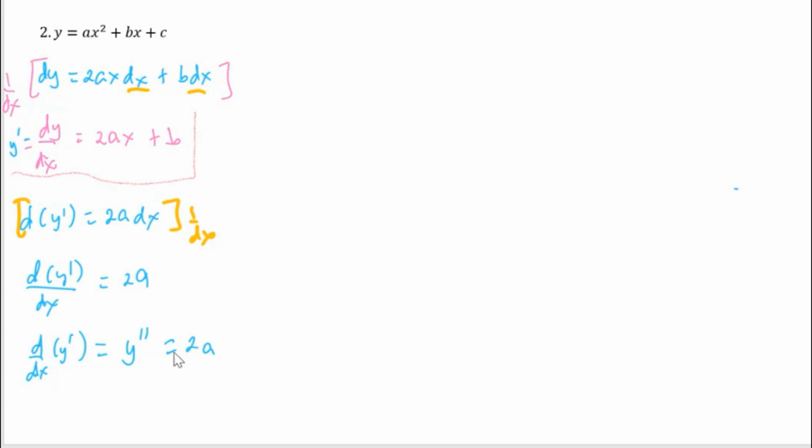Okay, now we have the second derivative, so we can now take the third derivative in order for us to eliminate the arbitrary constant a. So taking the derivative of y double prime, we have the derivative of 2a, which is a constant, so the derivative will be equal to 0.